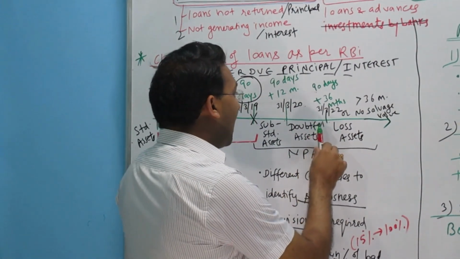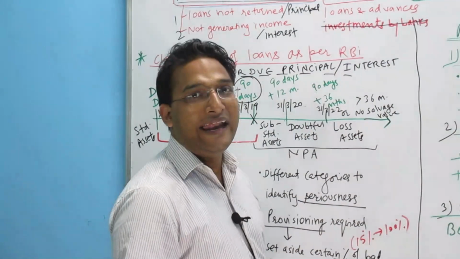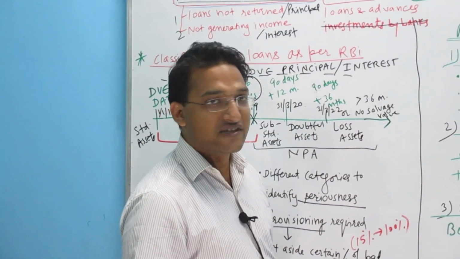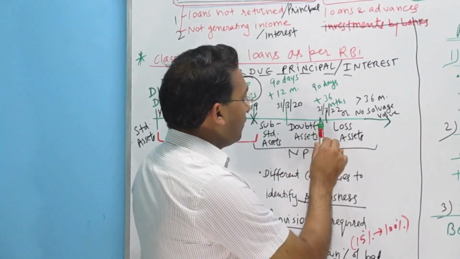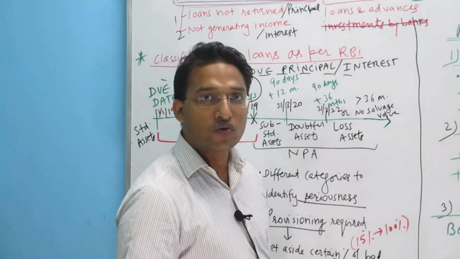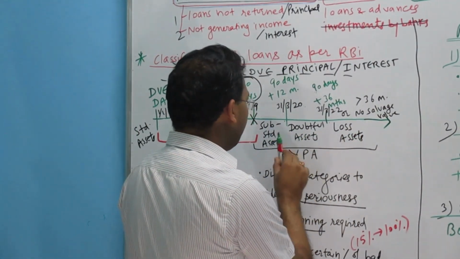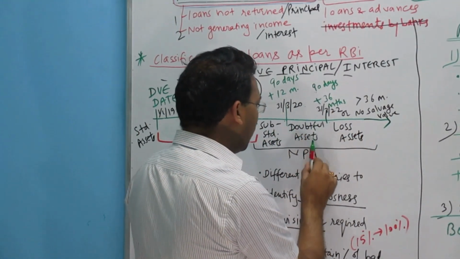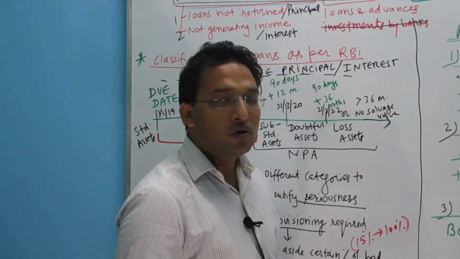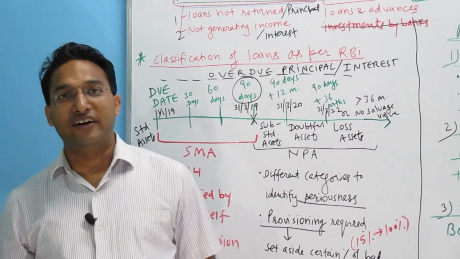And after this, that is, after 36 months have elapsed since the account was classified as NPA, we call this a loss asset. Right? So these are the three different categories of the NPA: the substandard asset, the doubtful asset, and the loss asset.